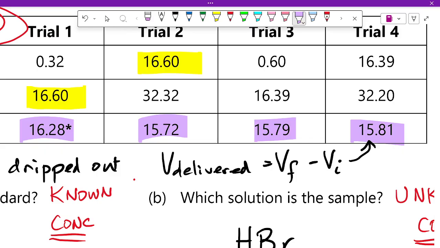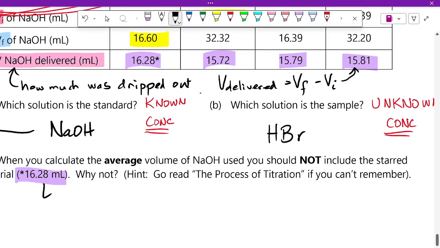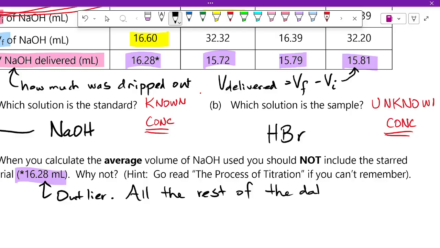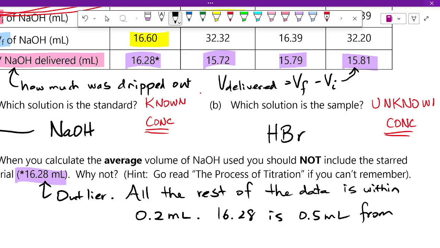All the rest of the data is within how much? 0.2 milliliters. 16.28 is, I don't know, 0.5 from the closest volume. So we will leave it out of our calculations.